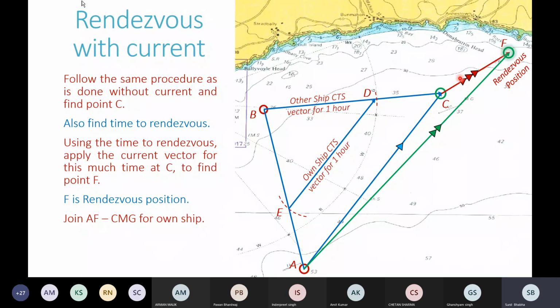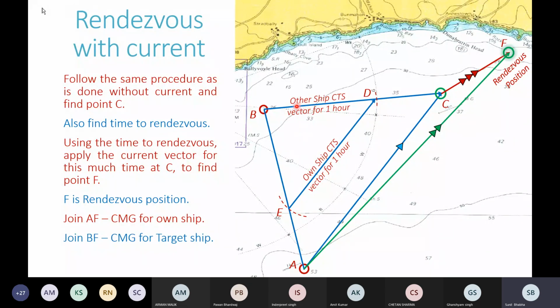Charlie to Foxtrot, the red color vector, is the current vector, and we know the resultant of the course to steer vector, that is the blue vector, and the current vector, which is the red vector, is the CMG vector. So the green color vector Alpha to Foxtrot, which you see here, is our course made good vector.